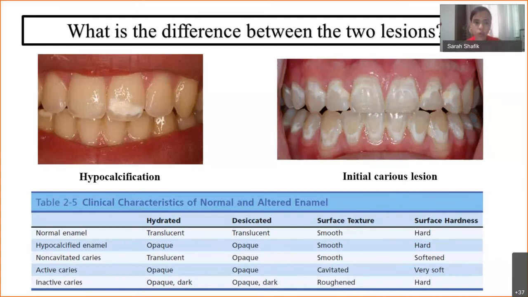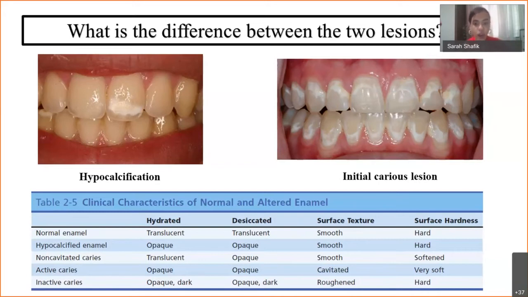So why is it shiny when it's hydrated? This is due to the remineralization that occurred on the surface of this lesion. So this kid has good oral hygiene, and remineralization occurred to this lesion after the eruption. Those children don't have a problem of oral hygiene.